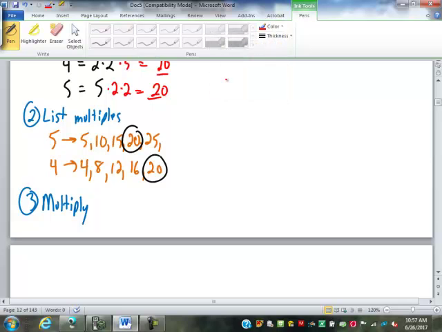The third strategy would just be to multiply the two denominators. And I'm putting a warning here that that might not be the LCD, the least common denominator. In this case, it would be. 4 times 5 is 20, which is the same as we got with the other two methods.